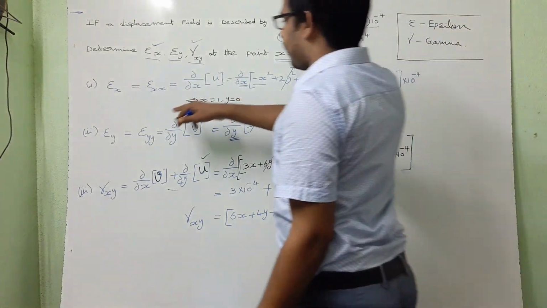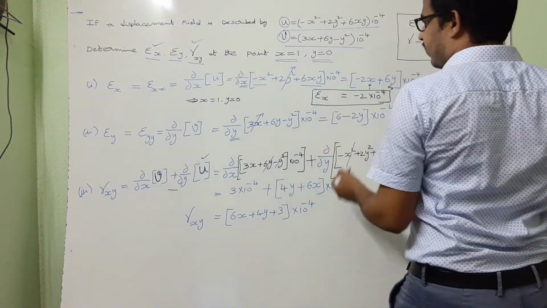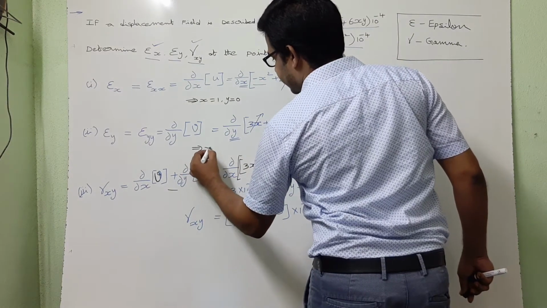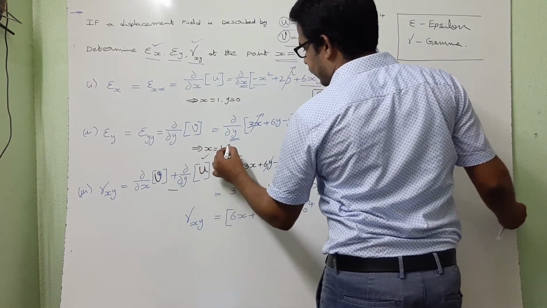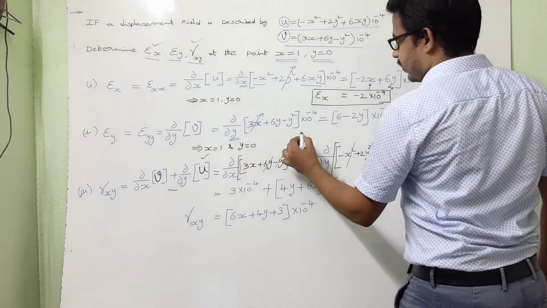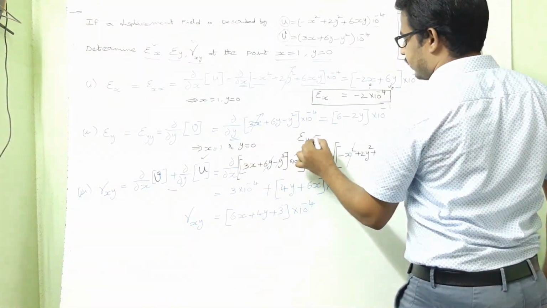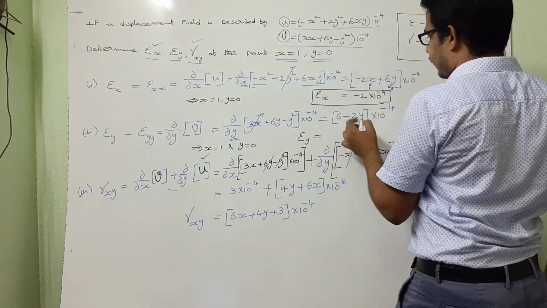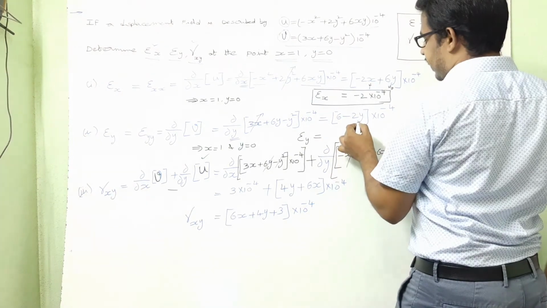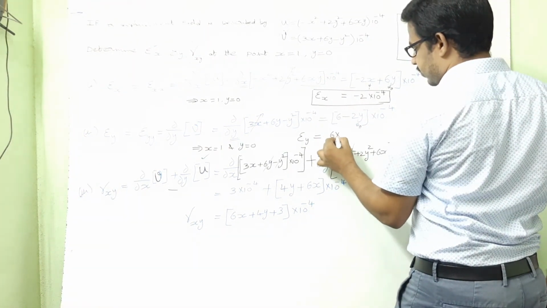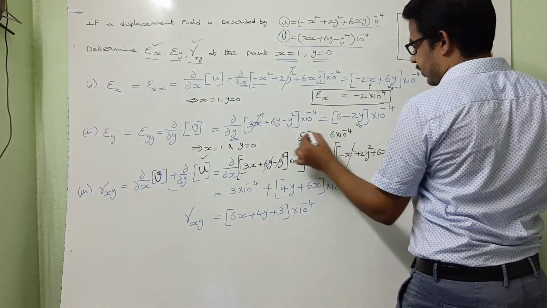What is the epsilon y value? So here for epsilon y, we need to substitute these points, x equal to 1 and y equal to 0. So epsilon y is equal to, here y value is 0, so 6 into 10 power minus 4.